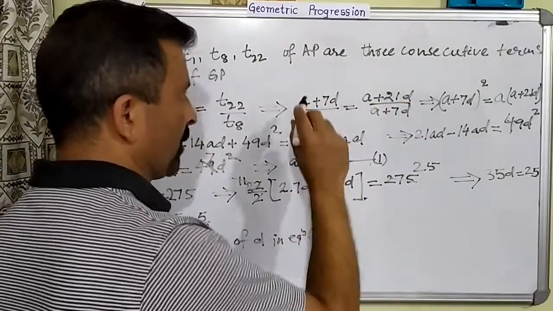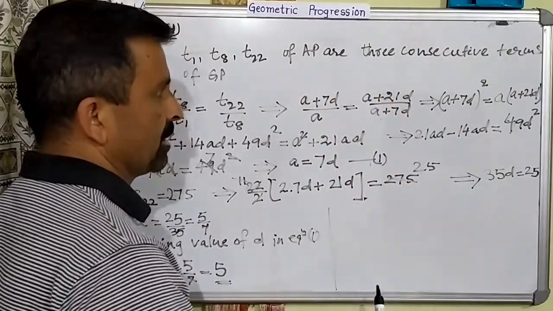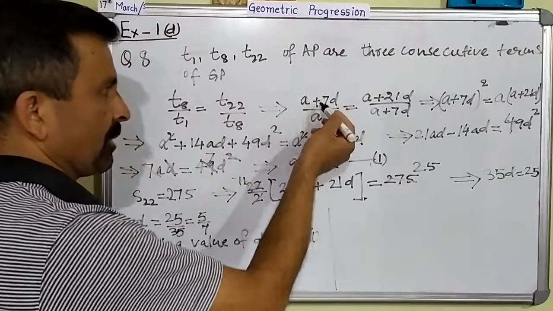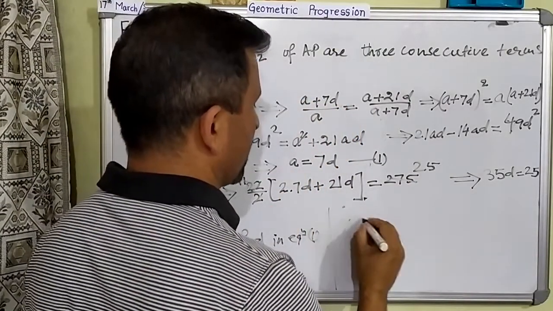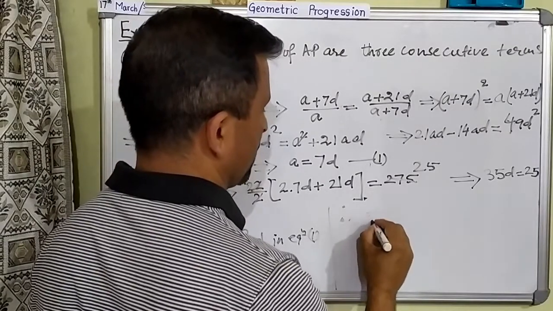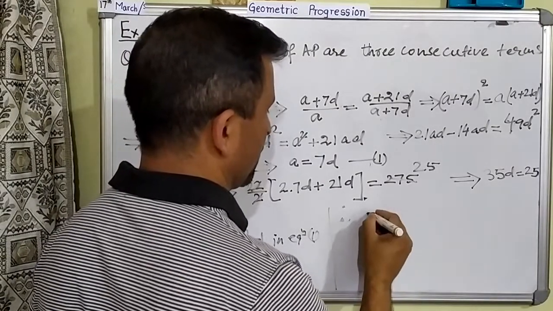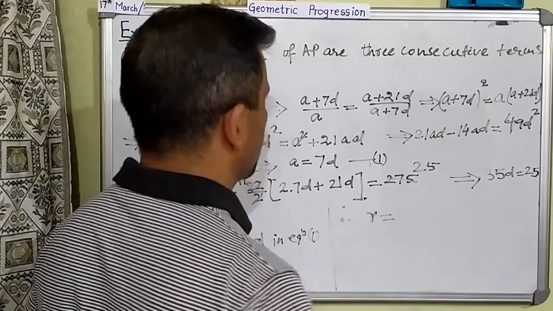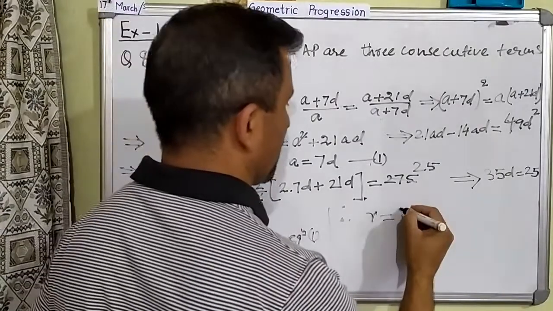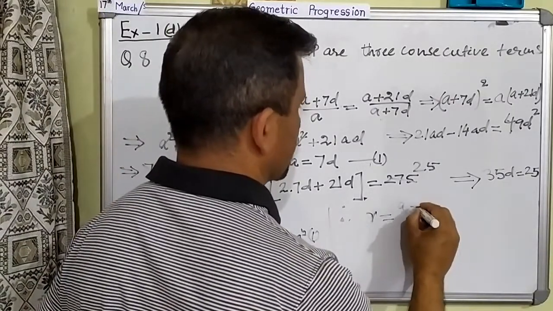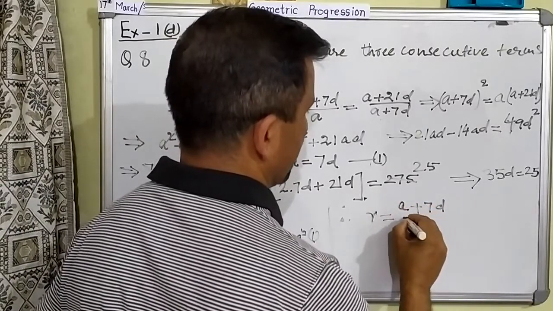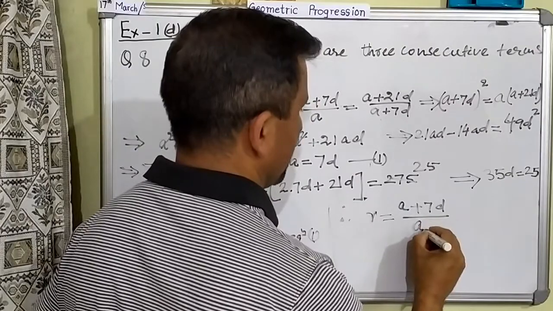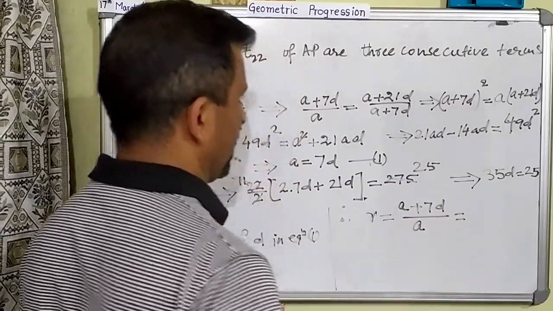So we can put the value of A and D in any one of these two sides. This is more simple. We will put it here. Therefore, R is equal to A plus 7D divided by A. Now A is how much?